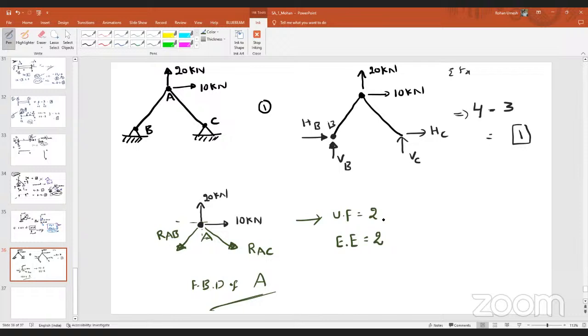There will be no moment. As all the forces are passing through one point, there is no chance of developing moment. So there is no need to consider summation of moments equal to 0. Now tell me, is there any indeterminacy here? 2 minus 2, 0. That means if I take the free body diagram at point A, then I can find out the unknown forces in members AB and AC. As of now, clear?